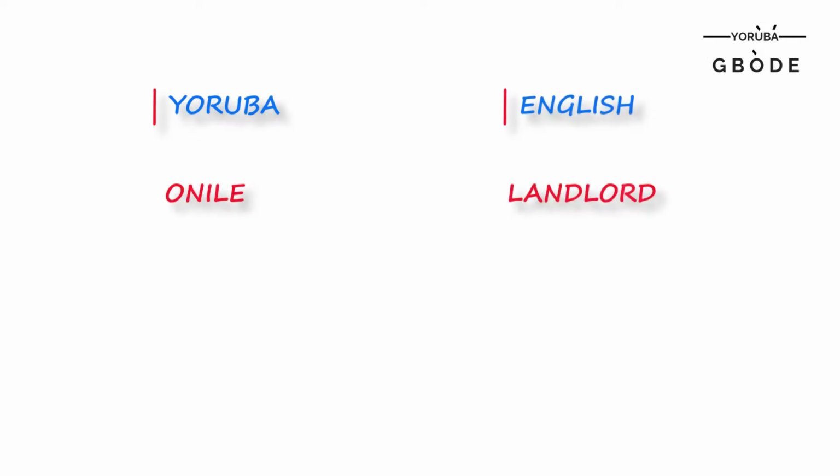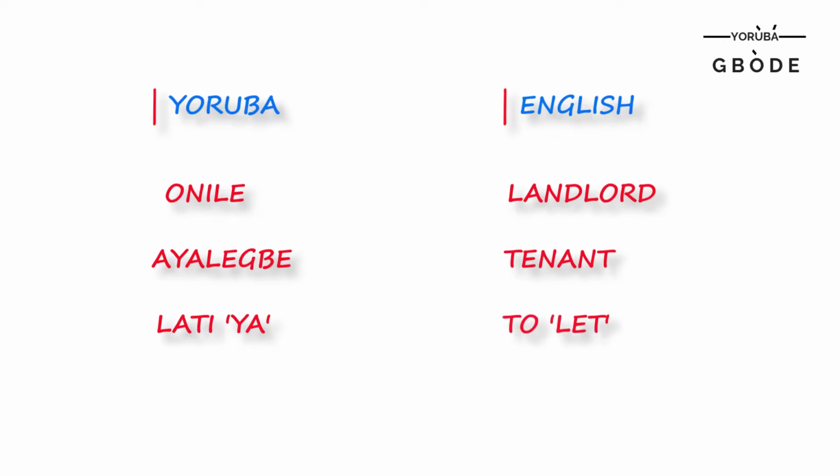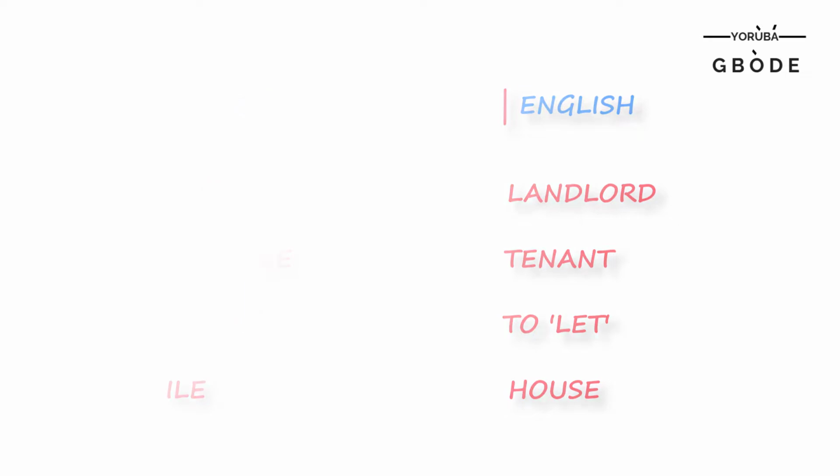Onile, bóyá lọ́kùnrin tàbí lóbìnrin. You, a tenant, Ayalegbe. You come to let, láti yá ilé, a house, from the landlord or landlady, lọ́wọ́ onílé, ọkùnrin tàbí obìnrin.